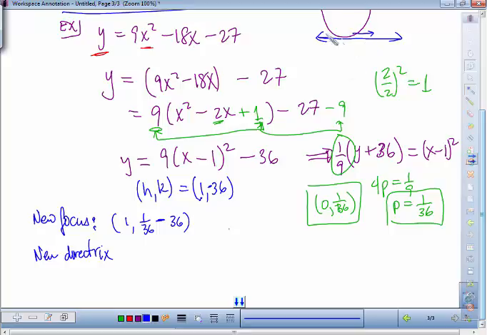Moving the parabola in a horizontal way is not going to change the directrix if the directrix is a horizontal line. So the only thing we need to worry about for the directrix is the vertical shift. The new directrix then is going to be minus 1 over 36, with a shift of negative 36. So whatever that turns out to be.